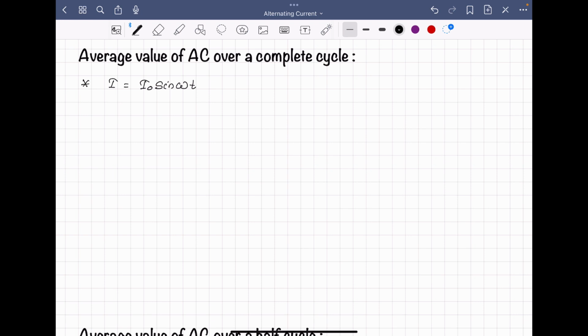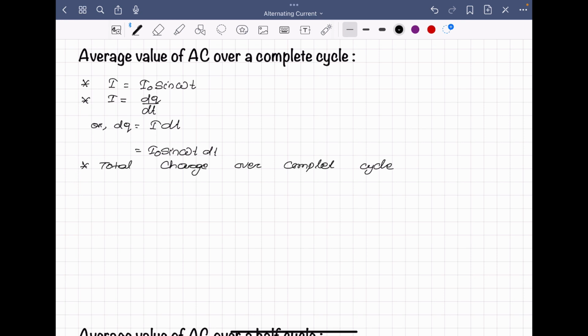But we have a formula: I can be written as dq upon dt, or we can write dq as I dt. In place of I, just write I naught sin omega t. Then total charge over a complete cycle, for this we have to integrate the above equation. This is integration of dq.